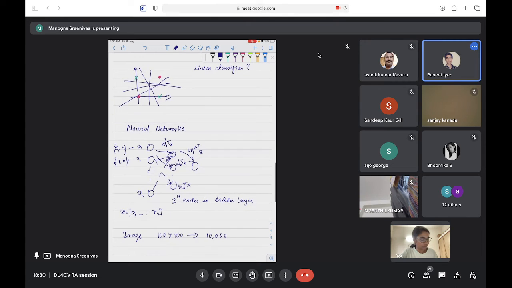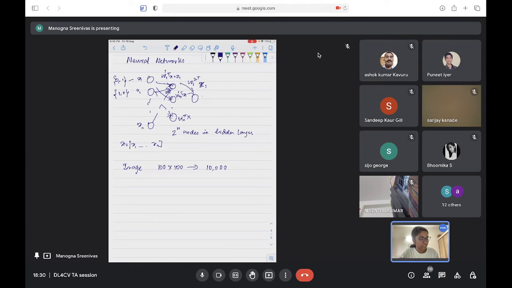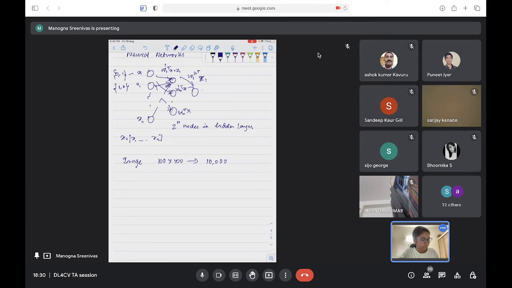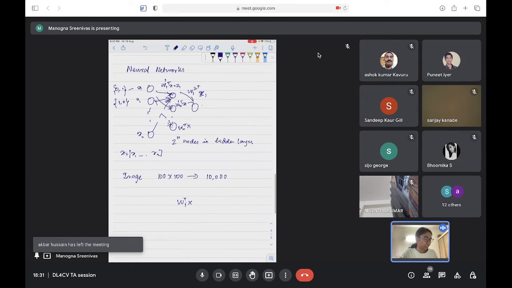Yes, that is right. Even if I include multiple layers, if all of them are simply linear, say this is Z1, the output at this stage, these are the outputs from the first layer, and this goes into my second layer.